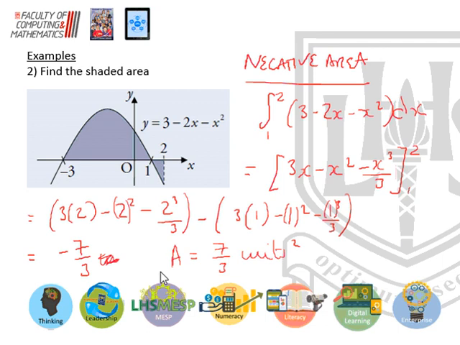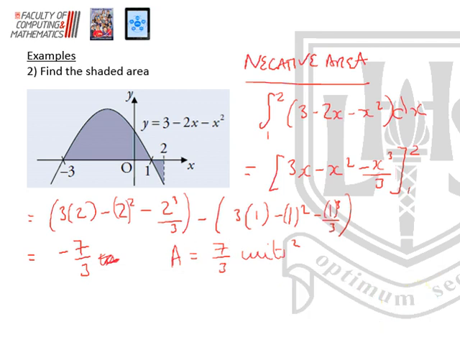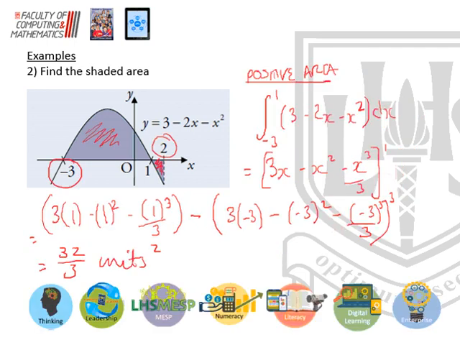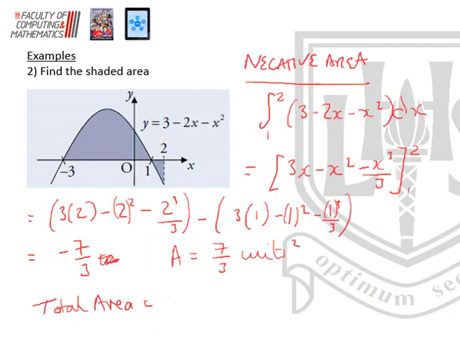Okay, now what that means is if I want to find that shaded area, then all I need to do is, after I've done my two different parts, total area is going to be, well, from the first area it's 32 over 3, from the second area it's 7 over 3, so in total the area there is 39 over 3 units squared.